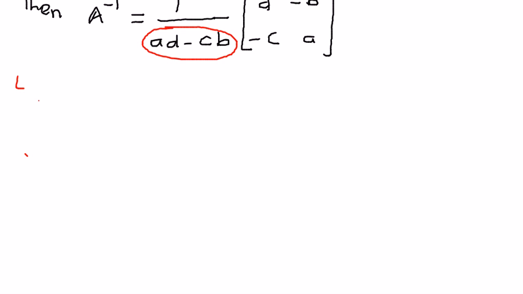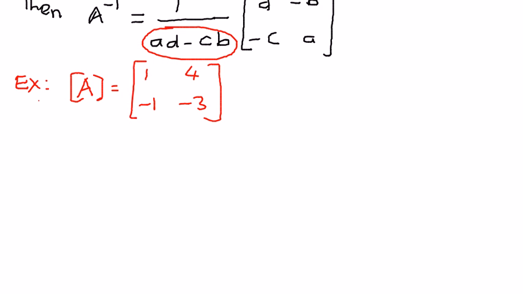So the example we had was, if A is a matrix which has elements 1, 4, -1, and -3 like that, then if we want to find the inverse of this matrix, this is the procedure we're going to follow, the one which we just talked about.